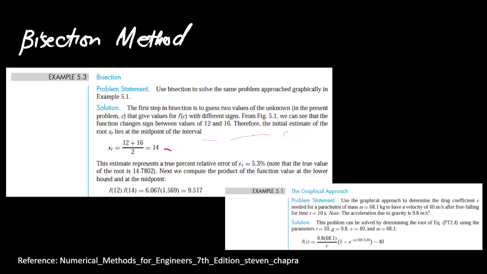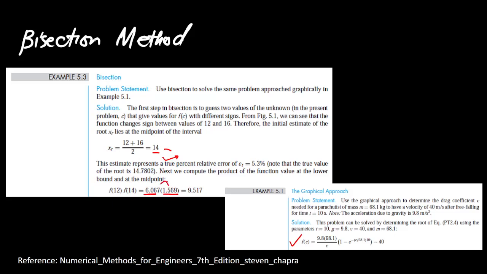After getting the 14 value, you try to substitute that value to this equation. So that is equivalent to 1.569, and your f of 12 is around 6.067.